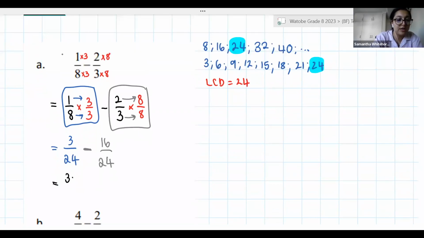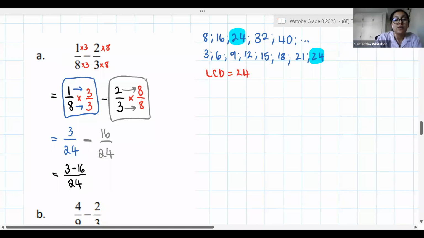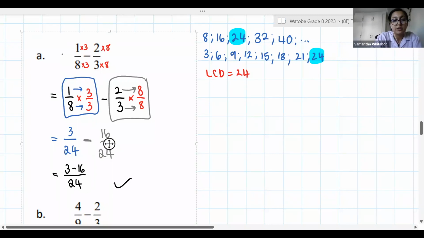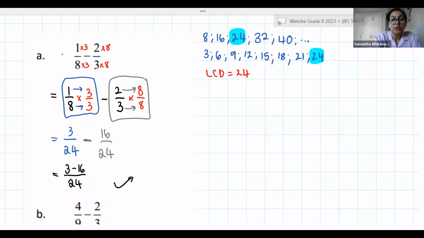So I've got 3 minus 16 over 24. And guys, because we've done integers, we understand that we can get negative answers. 3 minus 16 is negative 13, all over my common denominator of 24.